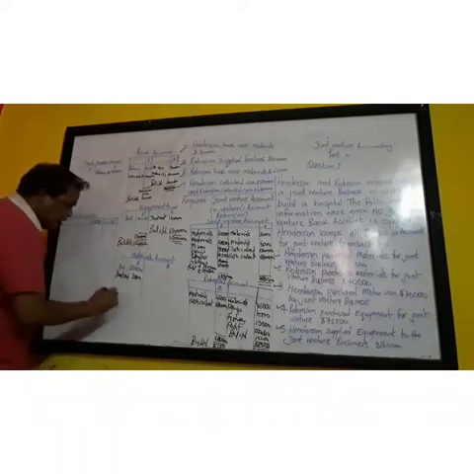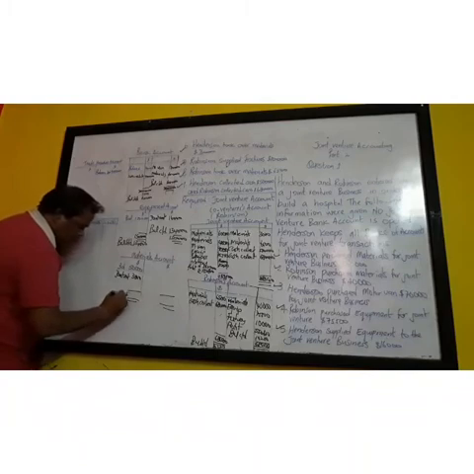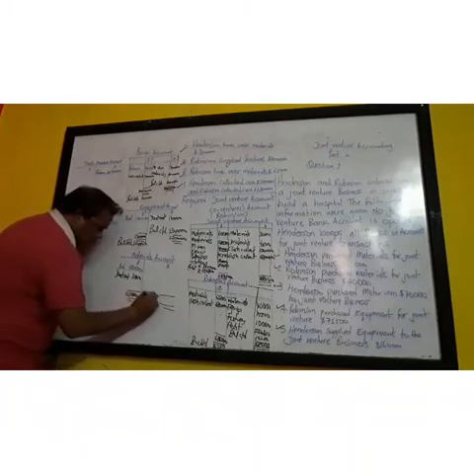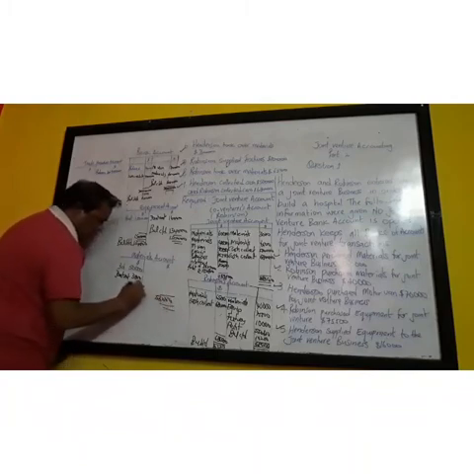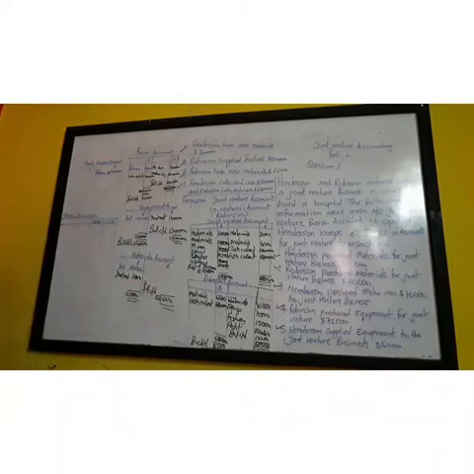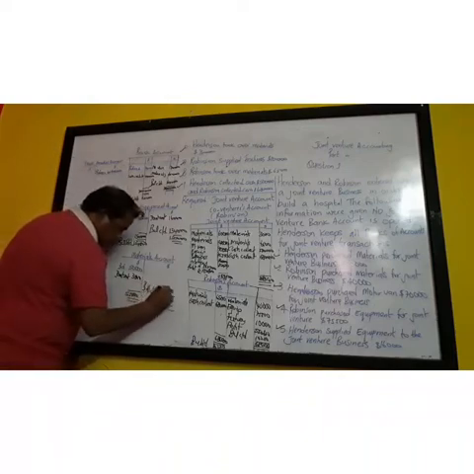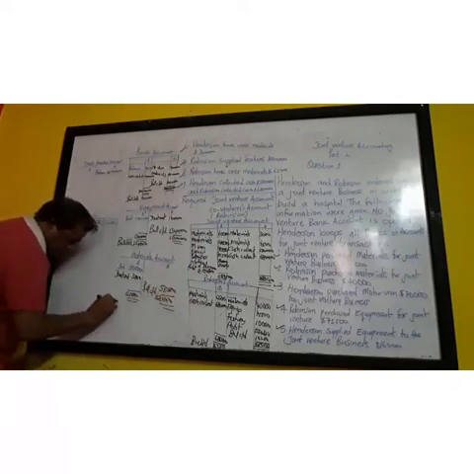And then we close the materials account. We'll have 53,000, and then we credit balance CD for materials account. We'll have 53,000, balance BD 53,000.